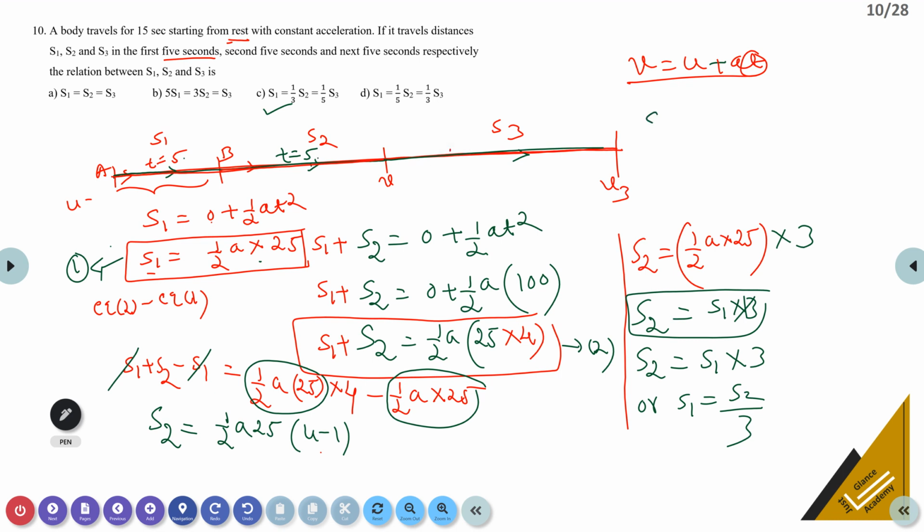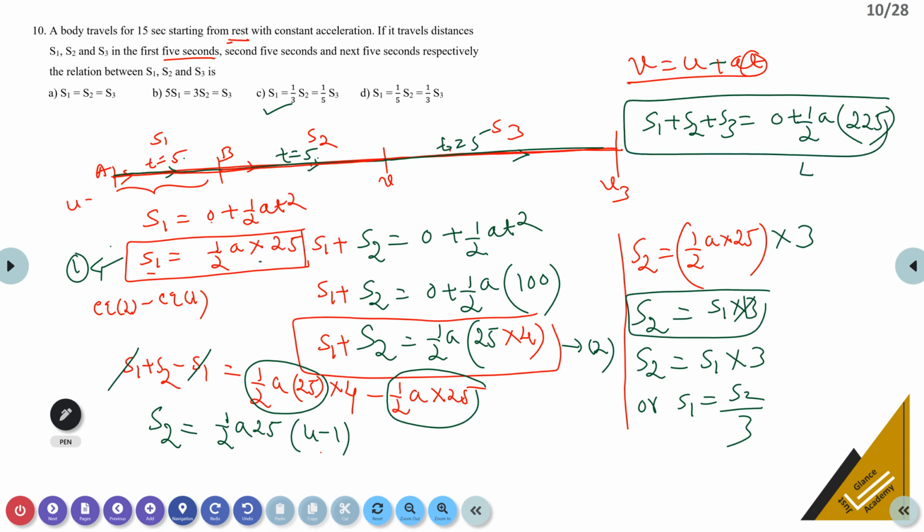At that time you have to take S1 plus S2 plus S3 equals 0 plus 1 by 2 A. Total it is how much? 15 seconds. 15 squared becomes 225. Then again, this is equation number 3.